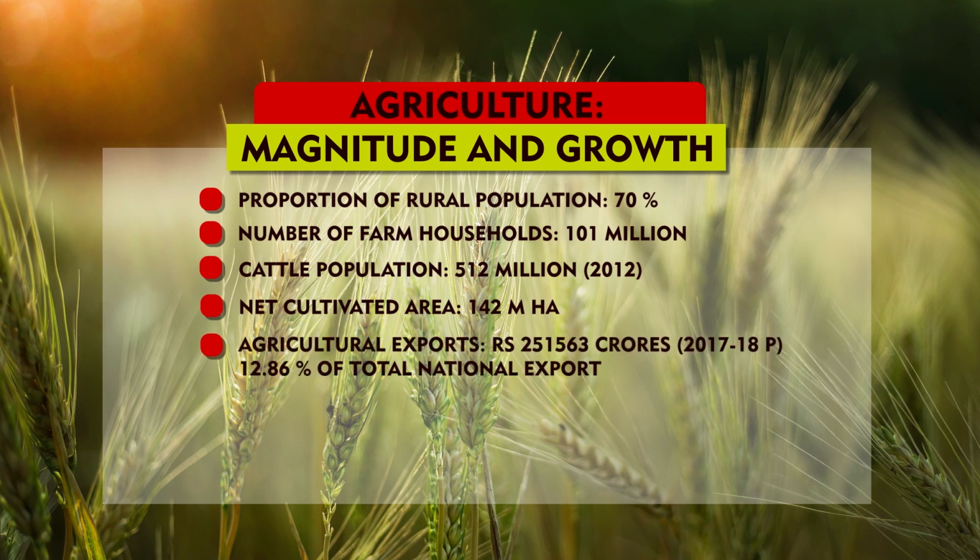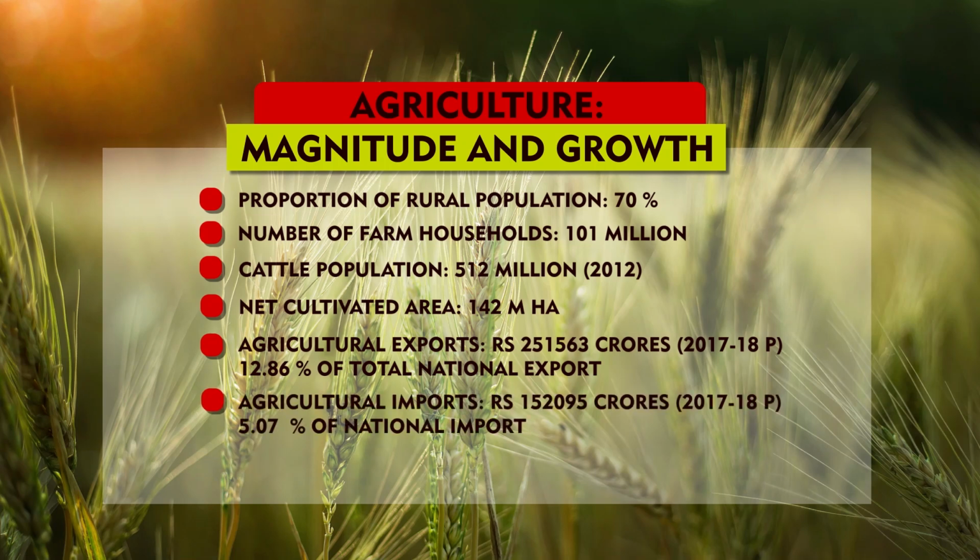We have agriculture exports of 2,51,563 crores in the year 2017-18, which is around 13% of the total national exports, and agriculture imports of rupees 1,52,095 crores in the year 2017-18, which is a share of around 5.07% of national imports.